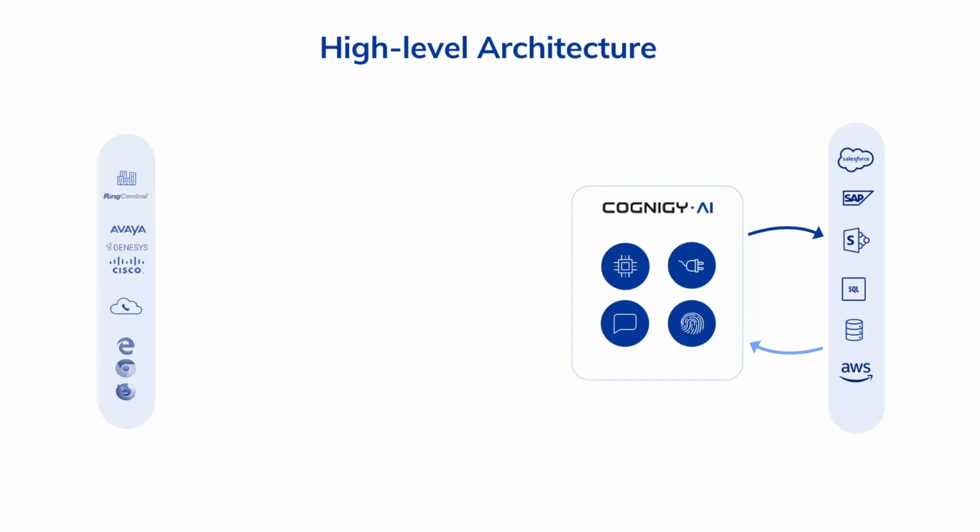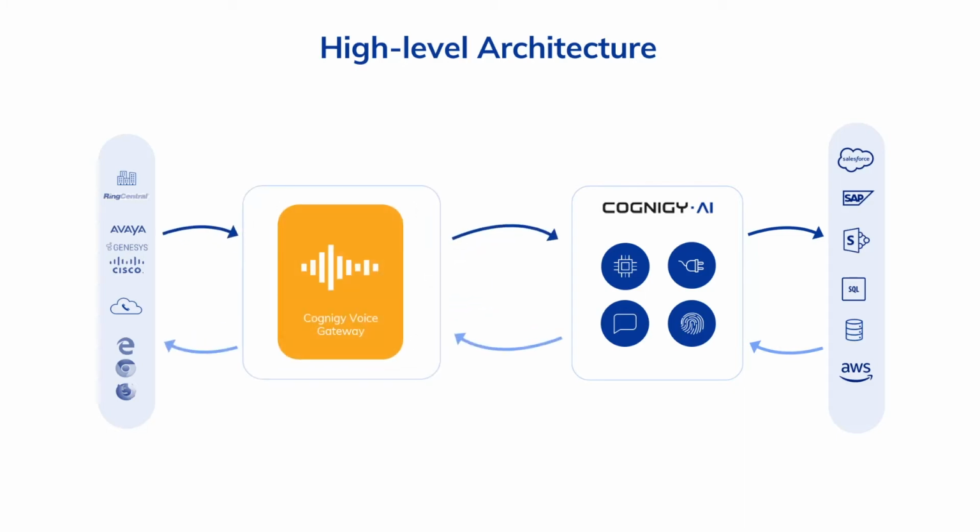Now, in order to connect the two, the caller and Cognigy AI, you need the Cognigy Voice Gateway. This is the tool that can process the audio stream, turn it into text, and then pass that on to Cognigy AI for further processing. To turn the audio to text, we use what's called a speech-to-text solution. Here we integrate with various solutions, such as Google, Azure, Yandex, Amazon, or others.